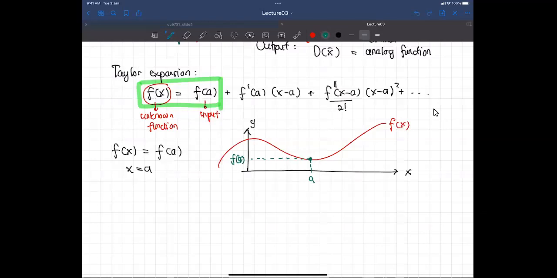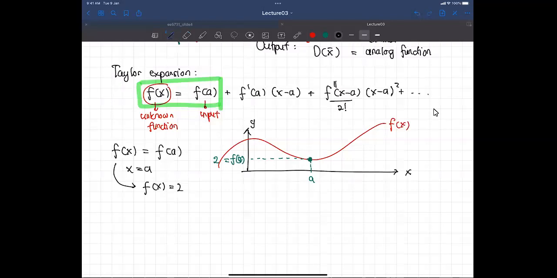You know that the location is here, and your function here, because f(a) equals a certain number, right? Because the y-axis gives you a certain number. Say that it is 2. In this case, your function becomes f(x) equals 2. So this is for the case of x equal to a.